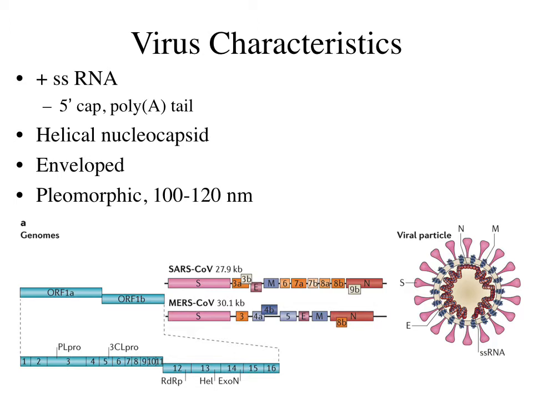An additional 9 to 12 open reading frames are encoded through the transcription of a nested set of subgenomic RNAs. We'll talk more about those in a minute.